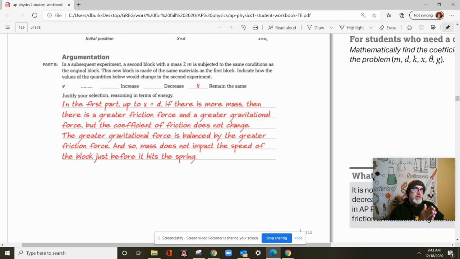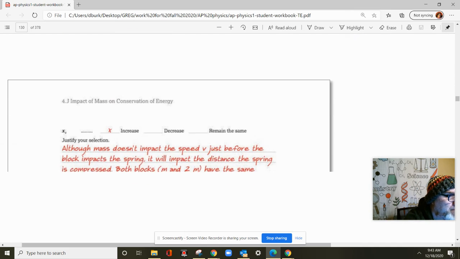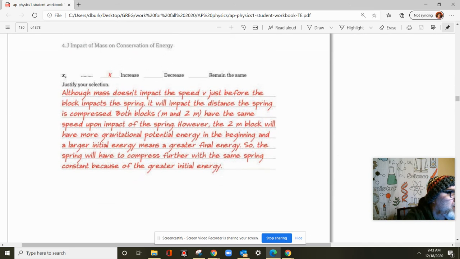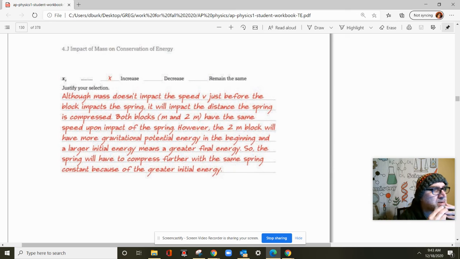And it's a ratio of the frictional force divided by the normal force. Well, if you increase the mass, you increase the normal force, but you're also going to increase the force of friction, right? They're just going to increase by the same amount. Although mass doesn't impact the speed just before the block impacts the spring, it will impact the distance the spring is compressed. That will push it harder, won't it?